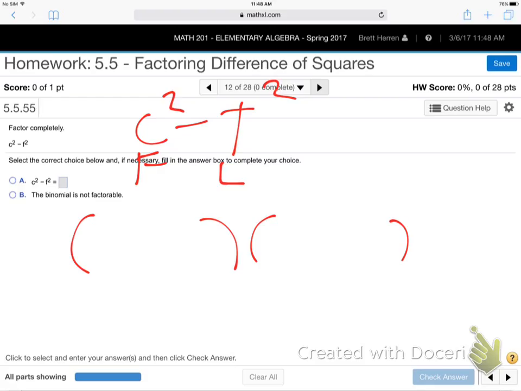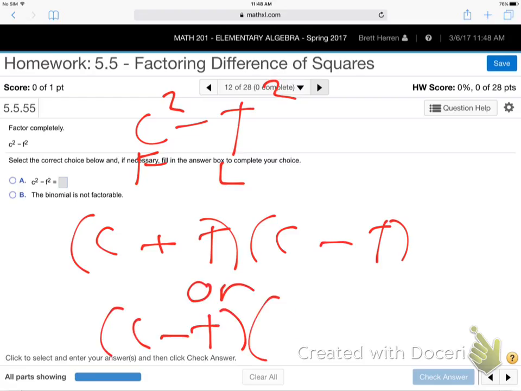C plus T, C plus T. Front times front, so C times C. Last times last, T times T. Positive and negative. 1 positive, 1 negative. Done. We good? It's your favorite kind. Oh, or you could switch the order, right? Everybody okay with that? You could have C minus T, C plus T. That's the same answer, right? Doesn't matter what order. On the multiple choice test on Wednesday, don't worry about the order.